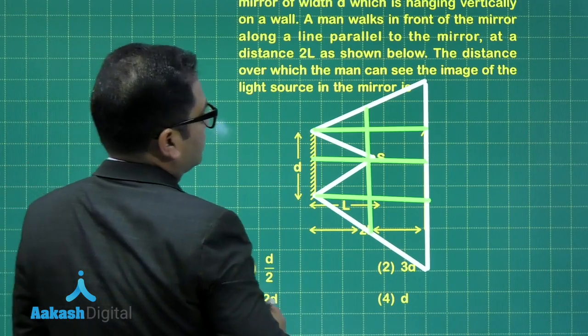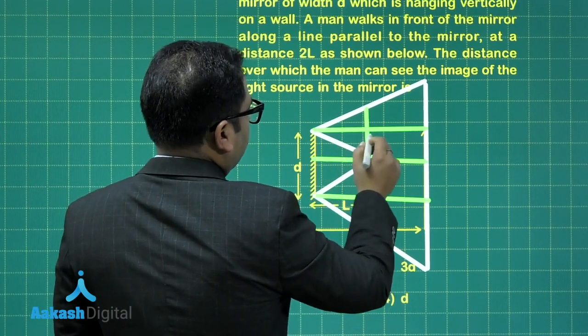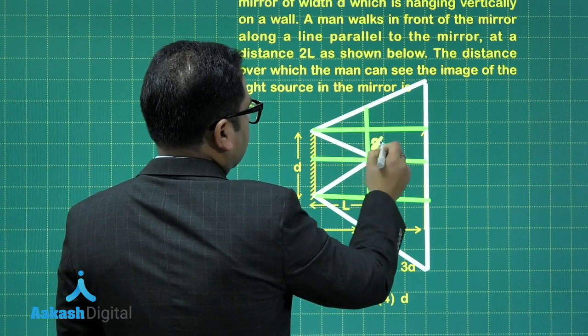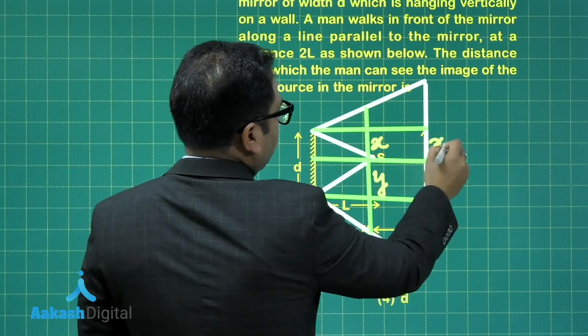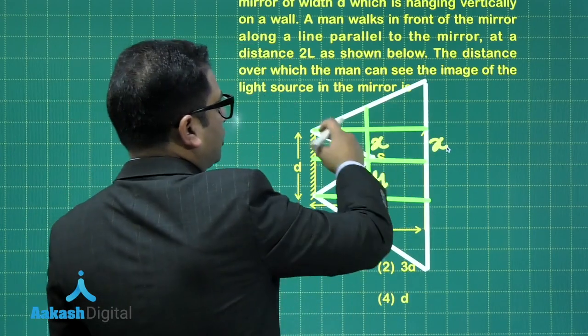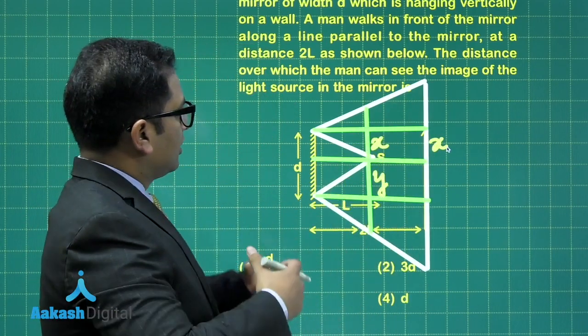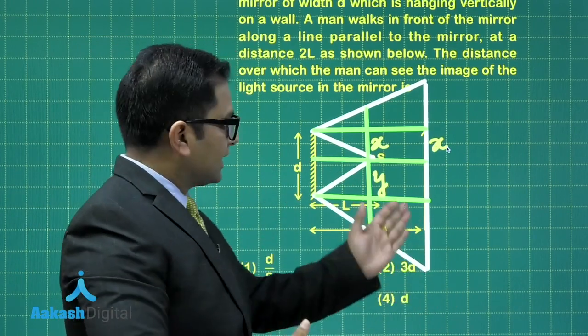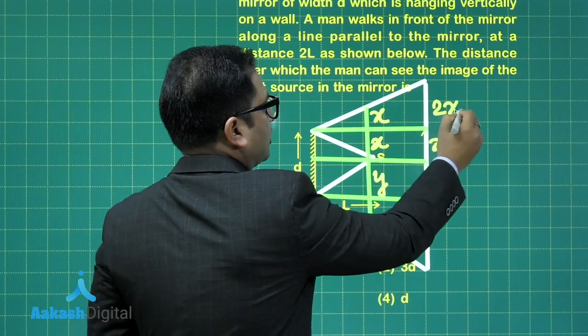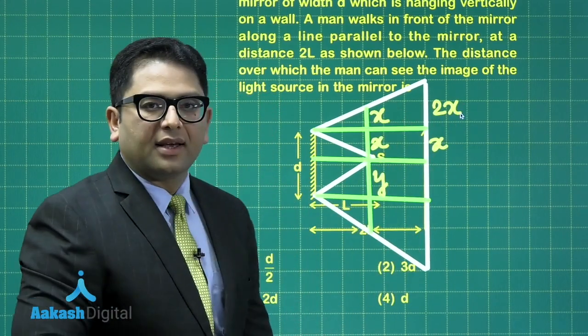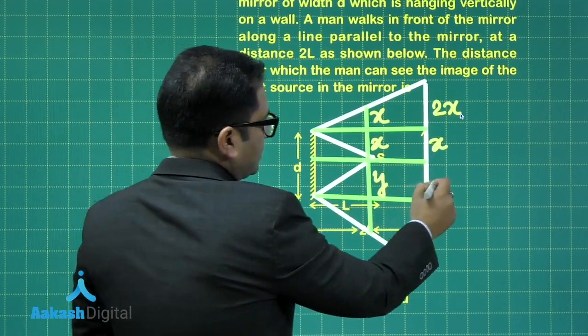So if this distance is x and this distance is y, this would be x, then this would be x. And by the property of the triangle, because that's an isosceles triangle, this would be x. And if this is x, this would be 2x. Similarly, this is y, so this will be y.